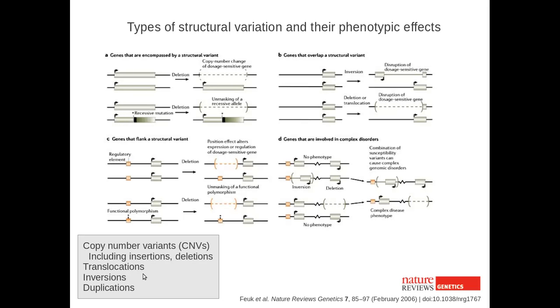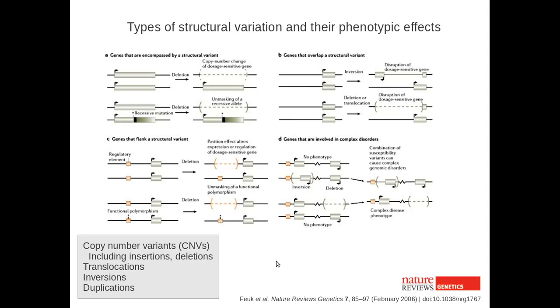You have translocations, or movements of a typically large piece of chromosome from one region of the genome to another, and then you have inversions, which come in multiple different classes, but are just sort of the flipping of typically large regions of a chromosome.